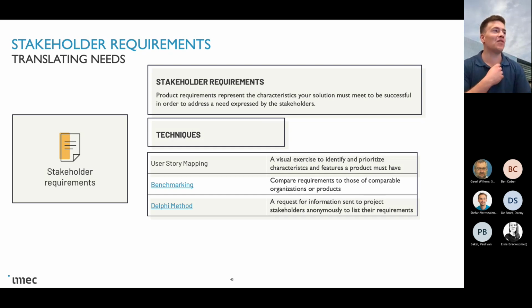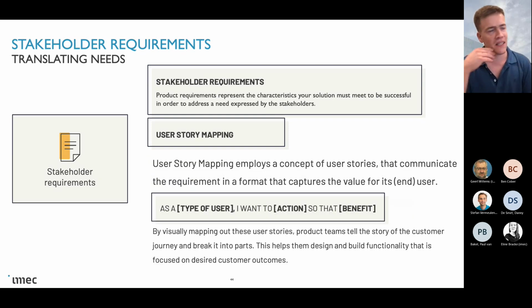There's some techniques for stakeholder requirements. I will shortly introduce user story mapping. It might be something you are also familiar with. It's typically used in agile development. It employs a concept of user stories, which are sort of an informal description of one feature that is typically used in agile software development.